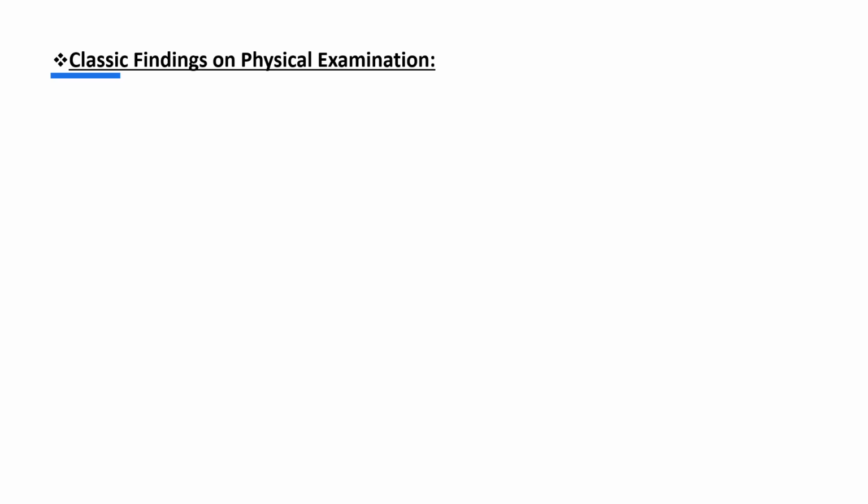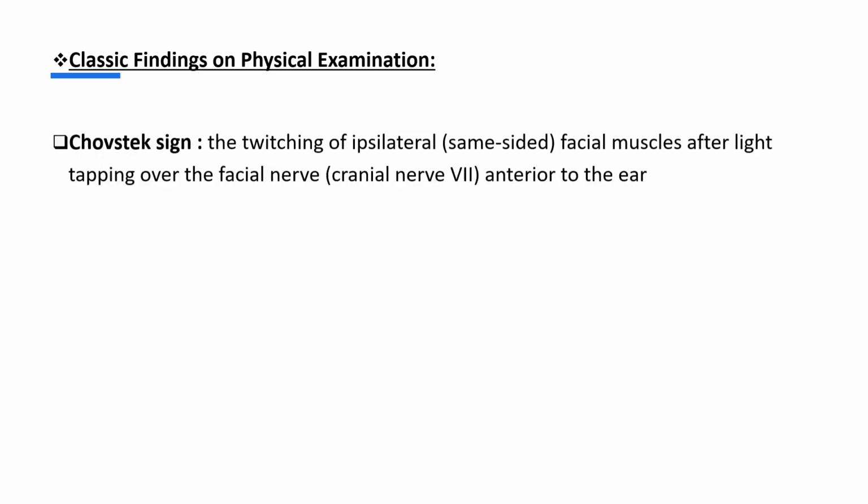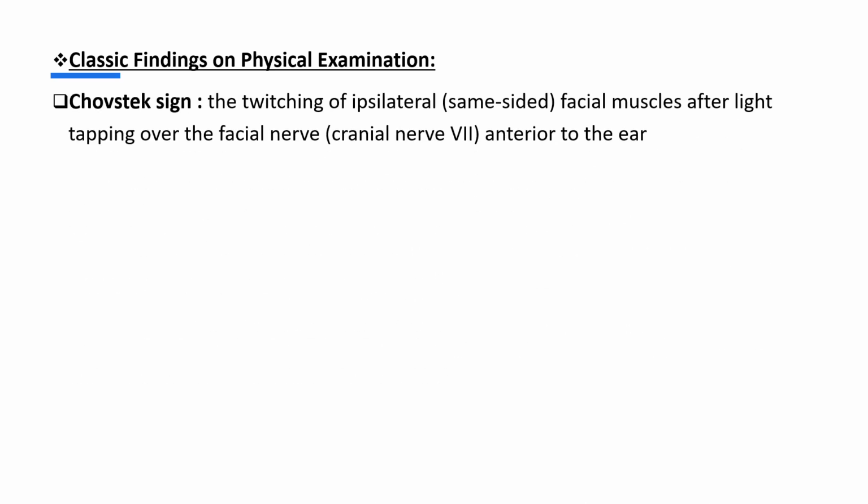The classical findings on physical examination that we can see in hypoparathyroidism are Chvostek sign and Trousseau sign. Chvostek sign is when we tap the facial nerve just anterior to the ear, and then the facial muscles on the same side will contract or twitch.